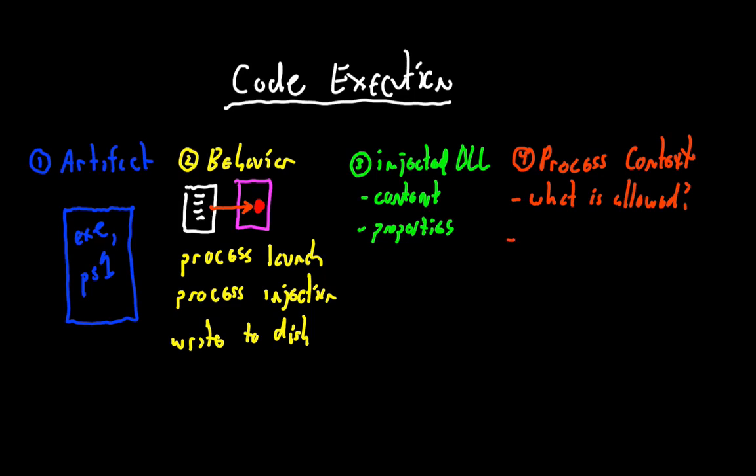Your process context also determines detection threshold. Some processes or process contexts are heavily abused and therefore subject to more aggressive detection heuristics than other process contexts. In practice, you'll see this with memory-injected DLLs.